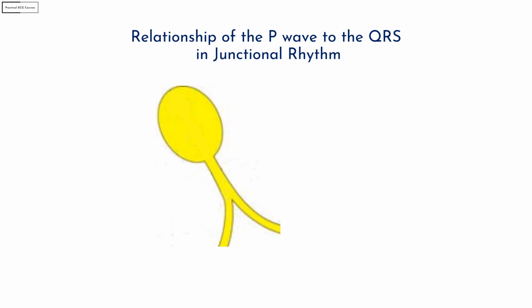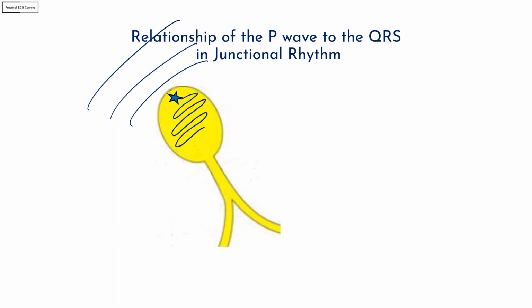There are three possibilities. If the impulse originates in the proximal most part of the AV node, as seen here, the impulse immediately depolarizes the atria next to it. But it has to traverse almost the entire AV node slowly before the impulse can reach the bundle of His.